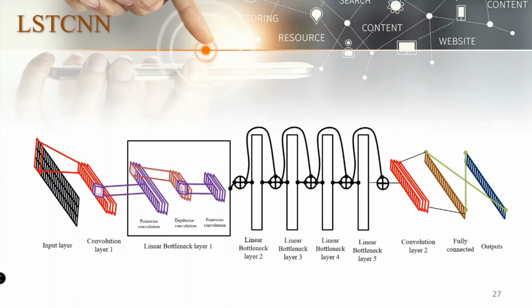In each bottleneck layer, point-wise convolution, depth-wise convolution, and point-wise convolution are included in sequence. The first layer of point-wise convolution is also called the expansion layer. It is used to expand the dimension.